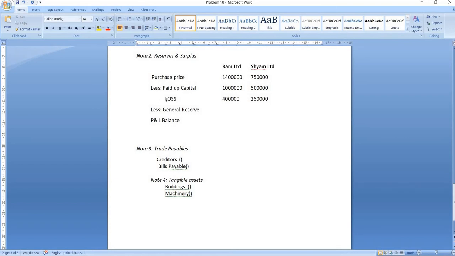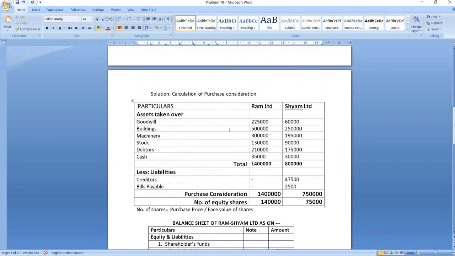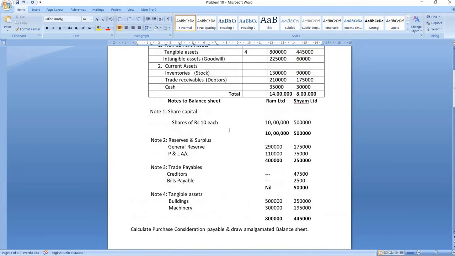Okay. So now this capital loss can be adjusted against the reserves and surplus of these companies. So let us look at the problem if any reserves and surplus are given. So here you can see general reserve for Ram Limited is 2,90,000 and for Shyam Limited it is 1,75,000.